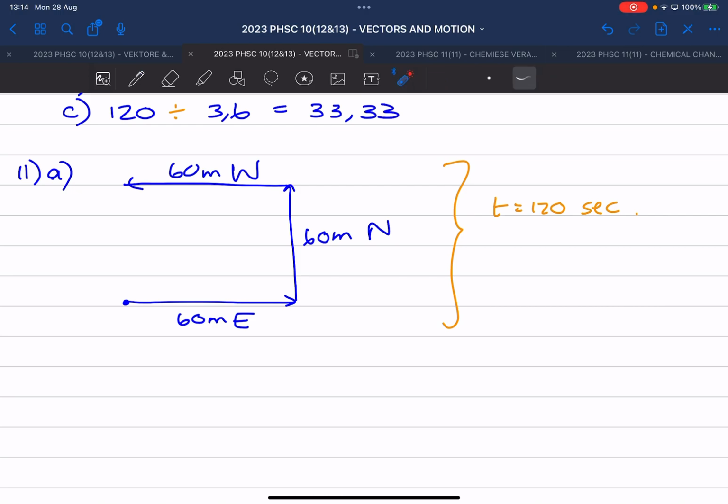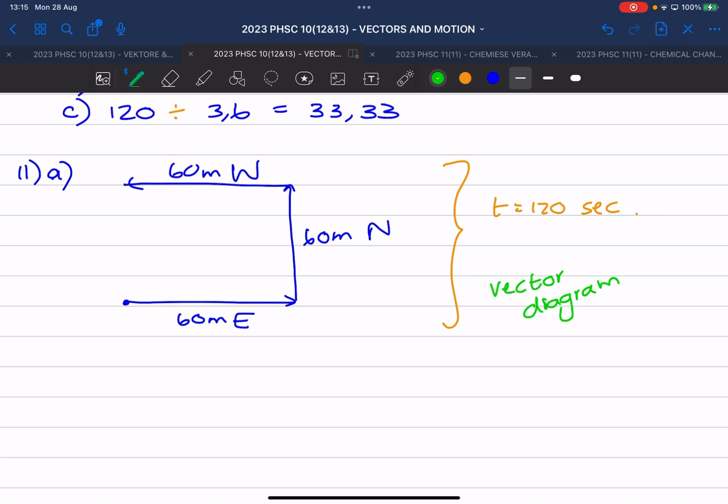Okay, now here we did draw a sketch of his journey. I didn't ask graphically. I didn't ask to scale. So that is why I do not have a scale. That is why I didn't measure it off 6 centimeters, 6 centimeters, or 3 or whatever. Okay? This thing is also called a vector diagram.